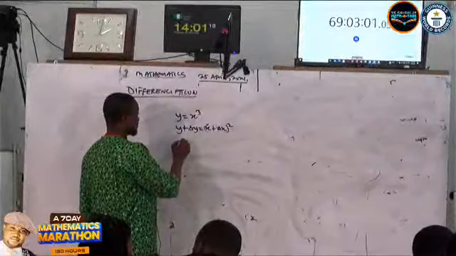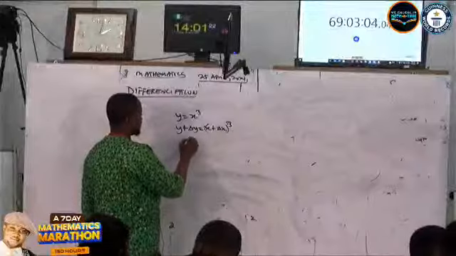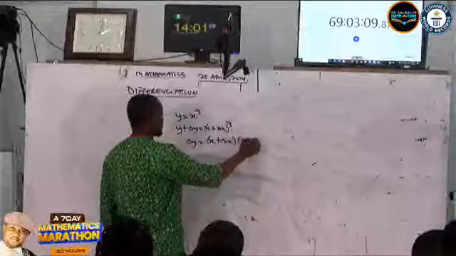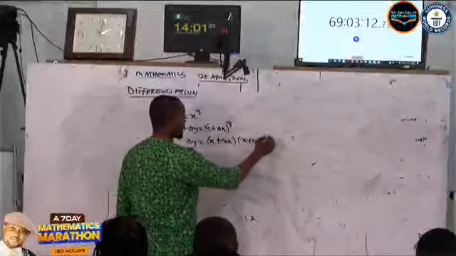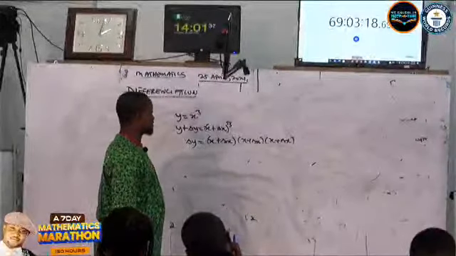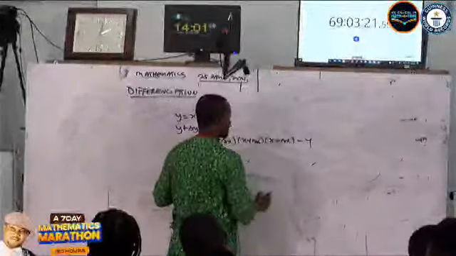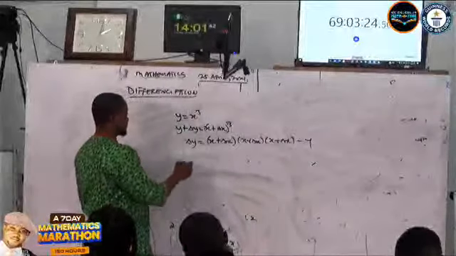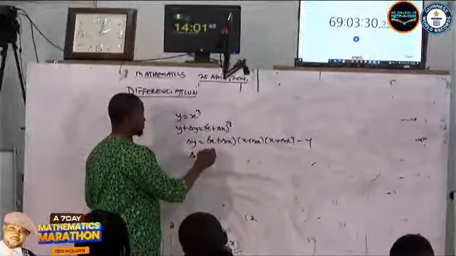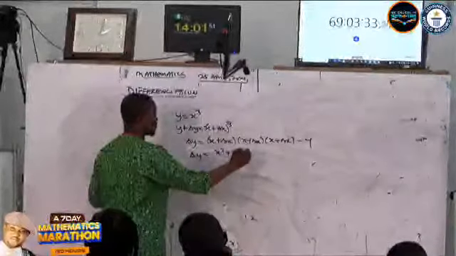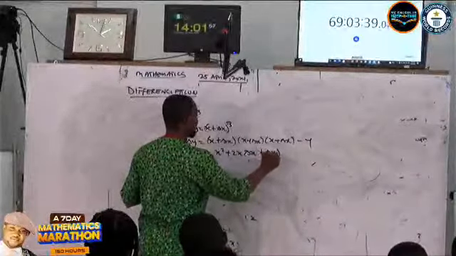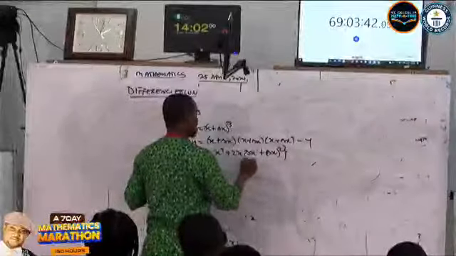So, change in y will now be what? x plus change in x, x plus change in x, x plus change in x, minus y. So this will now be change in y equals 2x change in x plus change in x all squared. That's for the 2.